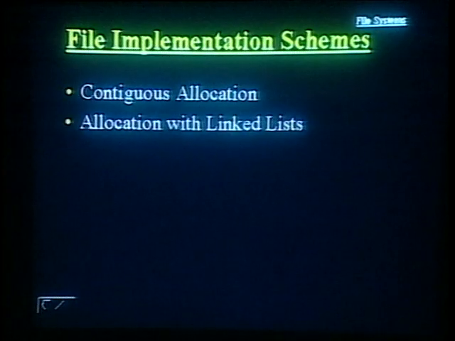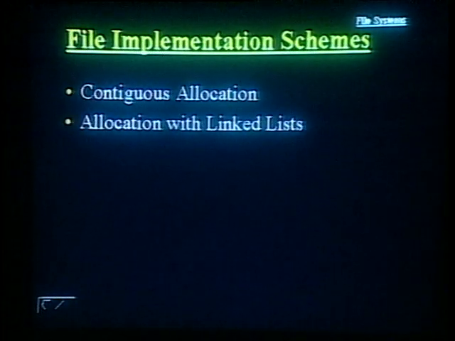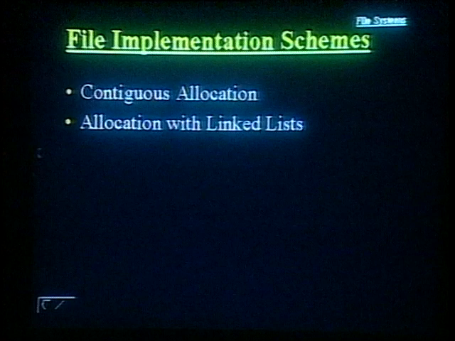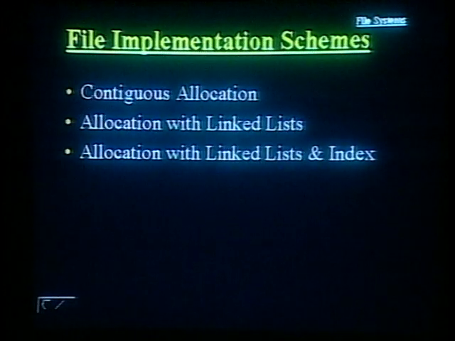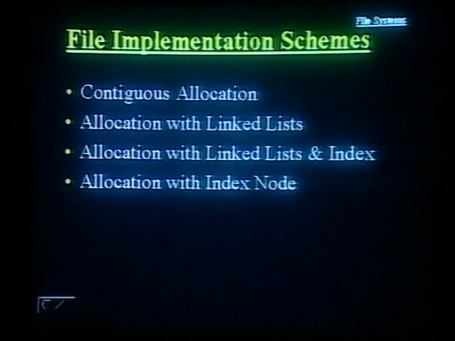Number 2 is allocation using linked lists. The third method is allocation with linked lists and indexes, and allocation with index nodes. All these methods and schemes are used for implementing files, and each of them has its advantages and disadvantages.